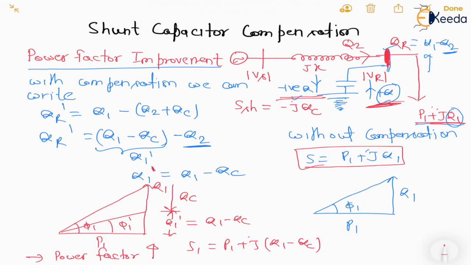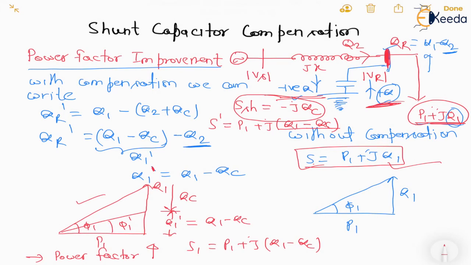So this is the load and this is the shunt. If we add the two loads directly, we can write S total, which is S dash, equal to P1 plus J into Q1 minus QC basically. Initially without compensation our load was S equal to P1 plus J Q1, and now with compensation it becomes P1 plus J into Q1 minus QC. I have represented this in the diagram.